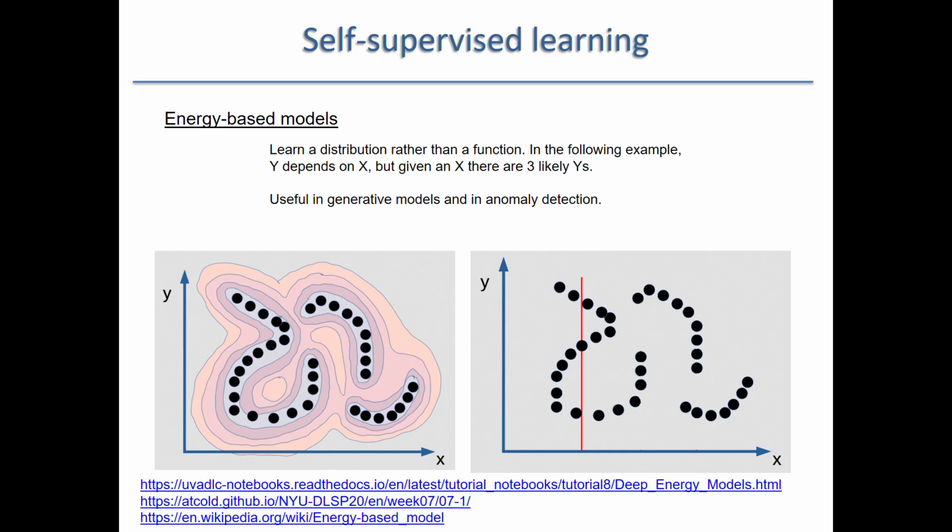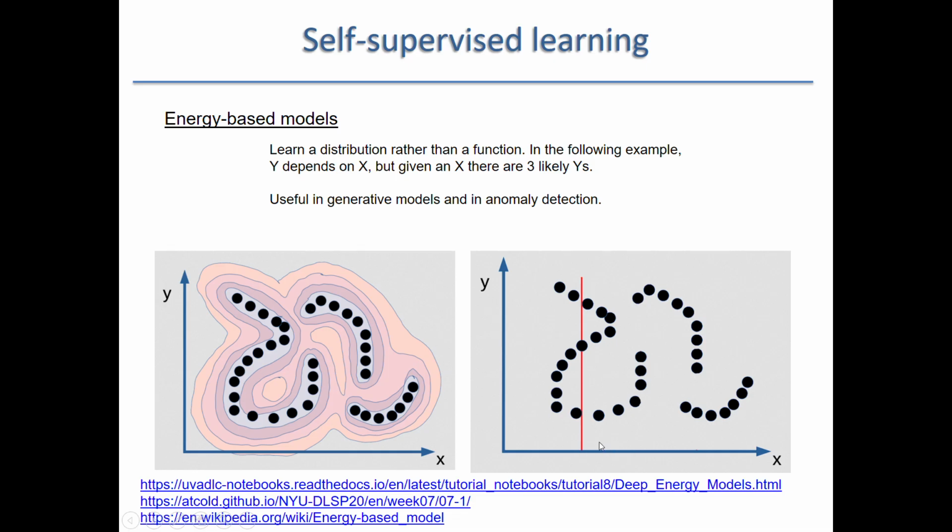Now we will study a particular case of self-supervised learning that is called the energy-based model. The goal here is to learn a distribution rather than a function. Typically we tend to think of y as a function of x.